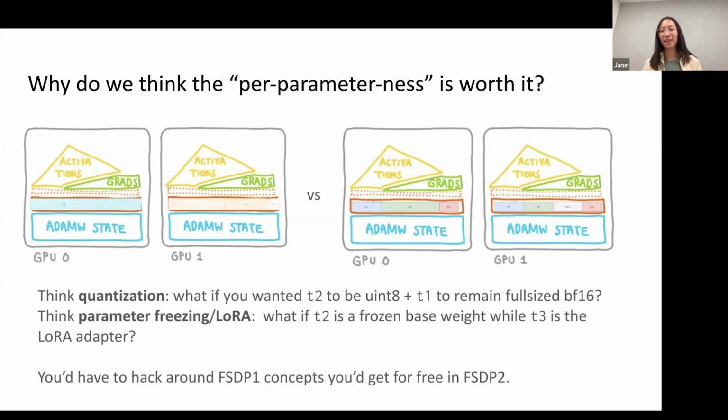In that case, in your first world, you still can't have that because a tensor can only have one requires grad. And the flat parameter here will force you to either make it requires grad or not requires grad, or to do a lot of fancy hacking to make it work. All of these concepts that are like, oh, I wish I had this. In FSDP1 today, it would be difficult. But in FSDP2, it's for free.